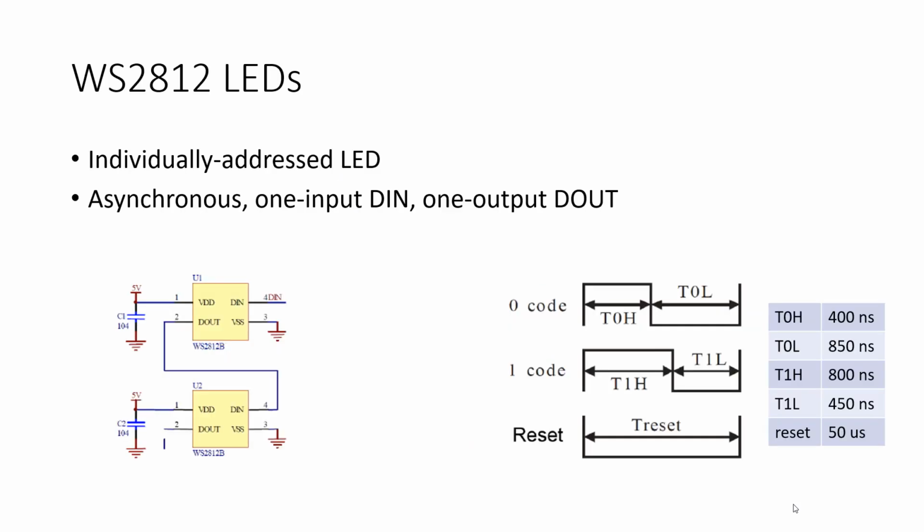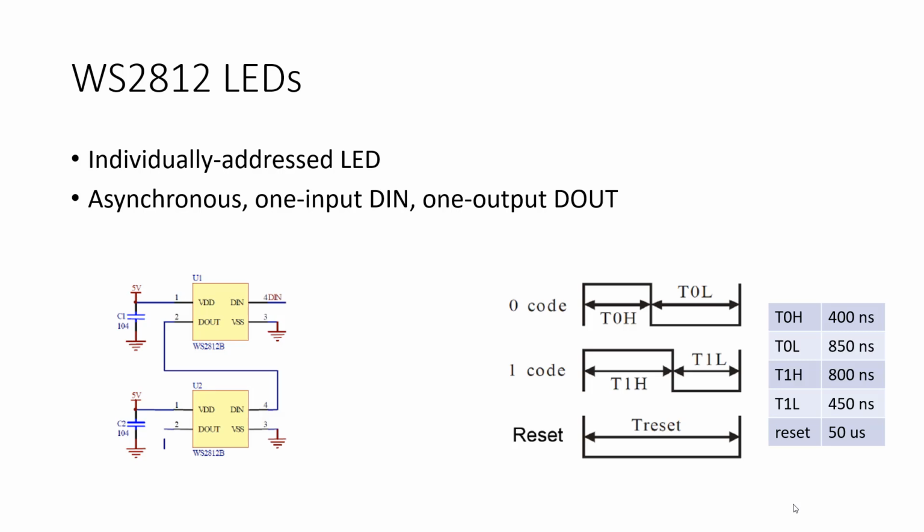Okay, so let's talk about the LEDs. As I mentioned, these things are designed to be connected in series, in like a chain. And you'll notice that there's no clock signal. Like if this was a SPI chain, of course there would be a clock and a slave select in there. In this case, there's basically just data in, data out, right?